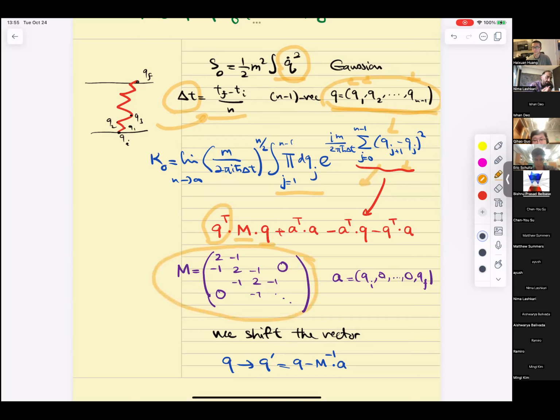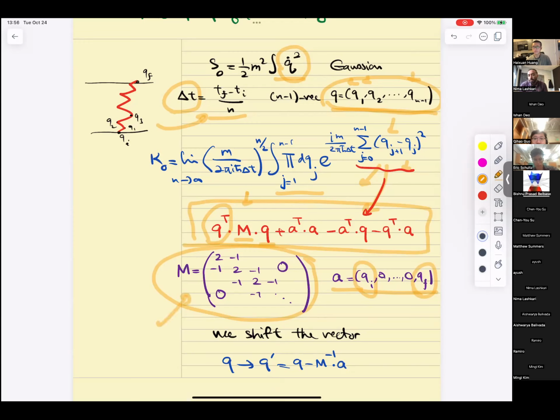It just follows from the calculation. In vector language, you could introduce this A vector, which is basically Q initial, Q final, and you repackage your whole action in the following form. So Q transpose, these are matrix multiplications, and your matrix is just not diagonal.